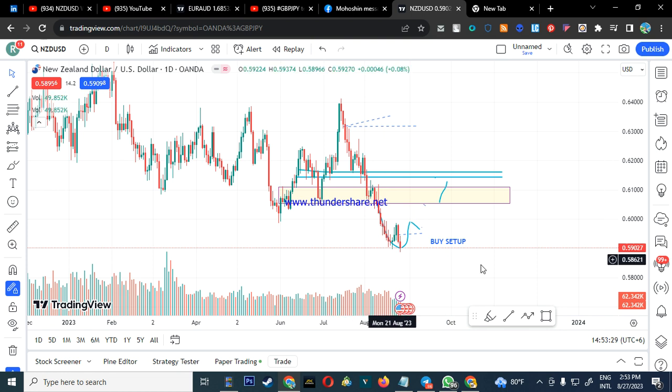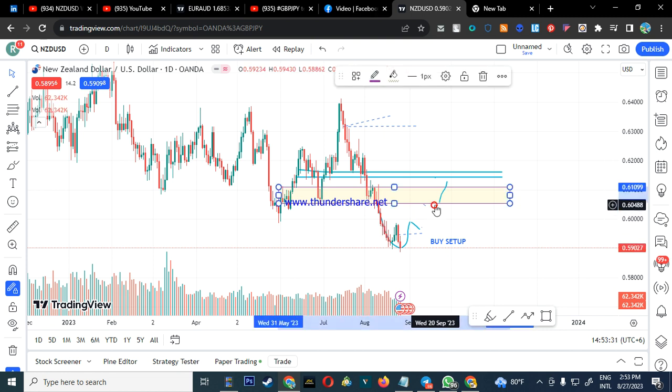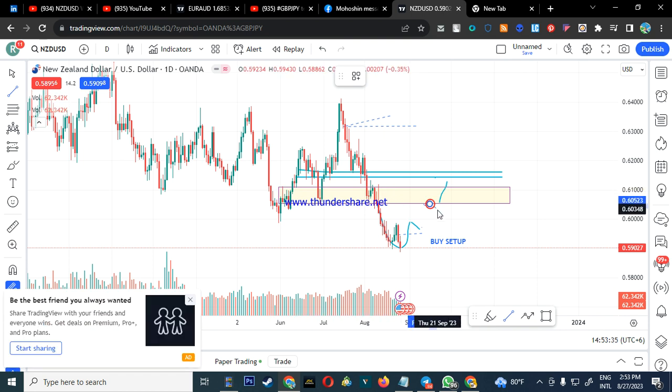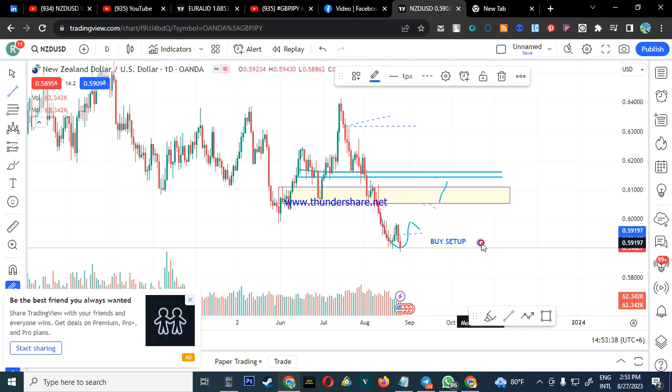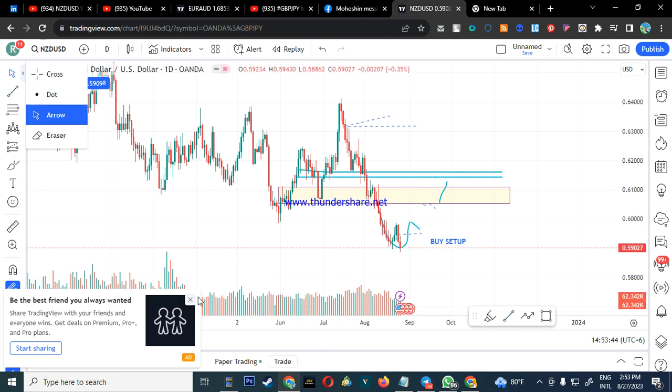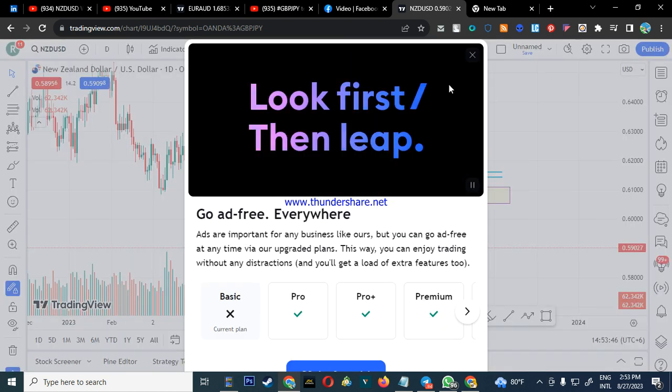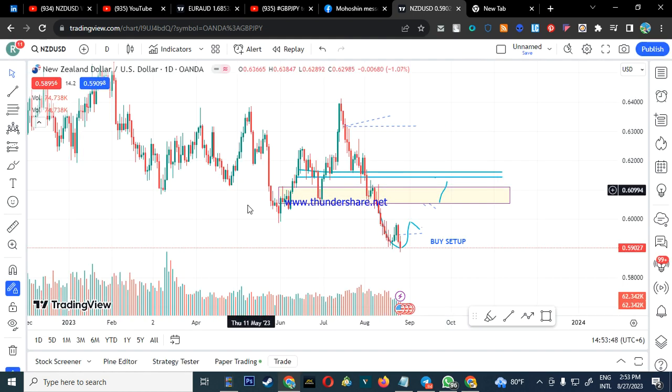Or if you don't get any buy setup, and if the market gets rejection from this level, then you can sell from here and TP from here, like that. So I already showed you the TP for the buy setup and sell setup. I think you can understand my point, and the NZDUSD preparation, profit entry preparation will be easy.